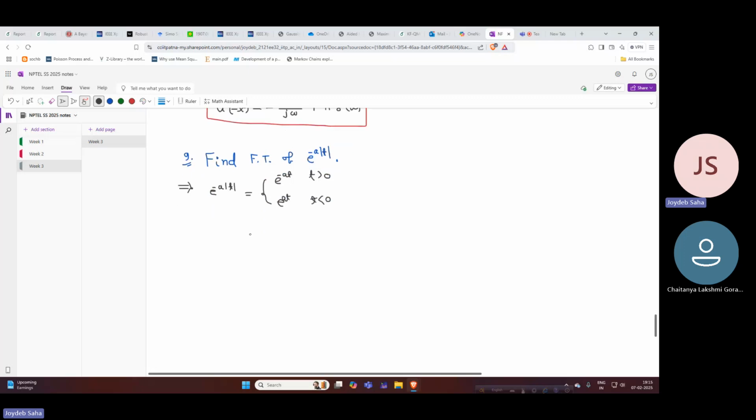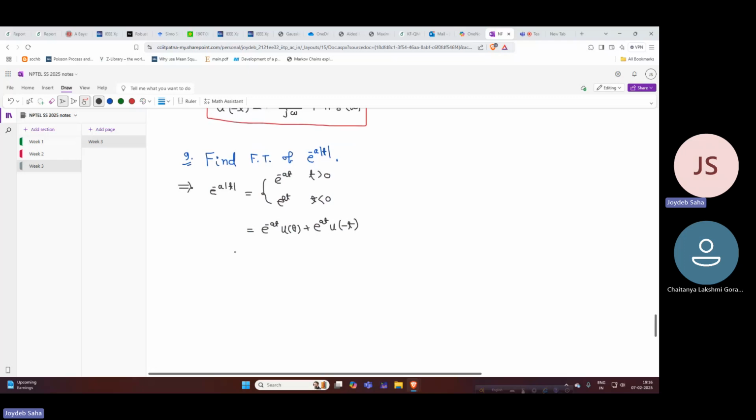So it is nothing but we can write it like e to the power minus at ut plus e to the power at u of minus t.